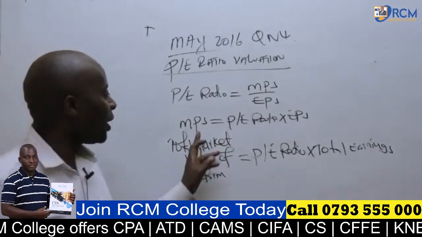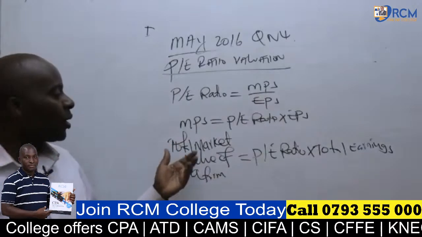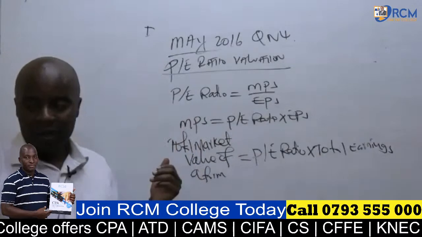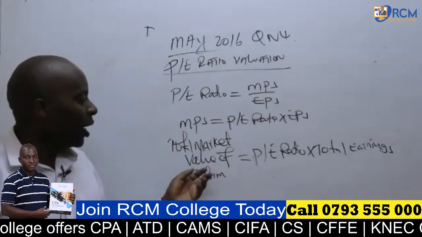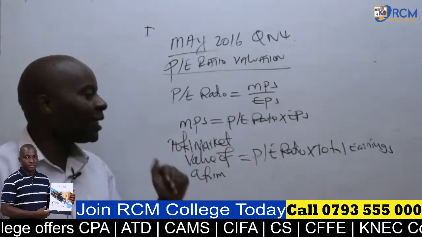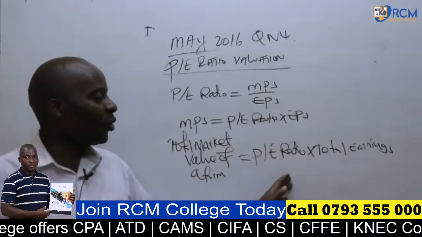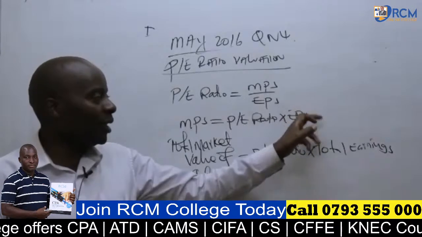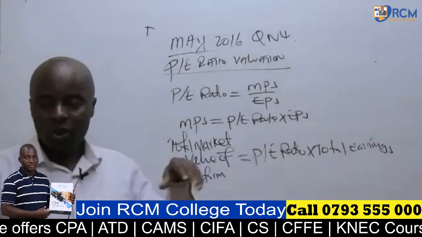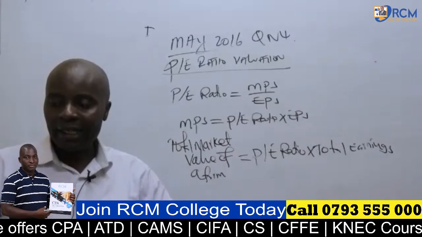Because now I've taken into consideration all the number of ordinary shares that there are to get the total market value. I've taken MPS times number of ordinary shares. So I'll take PE ratio times the total earnings, because even this has to be multiplied with the number of shares, so that we talk of totality.